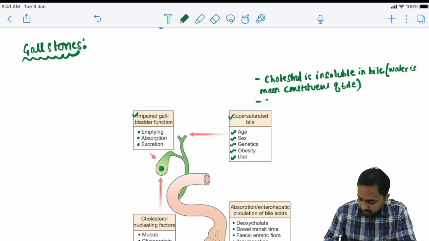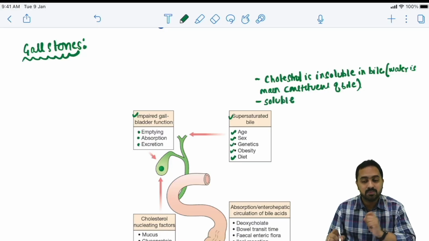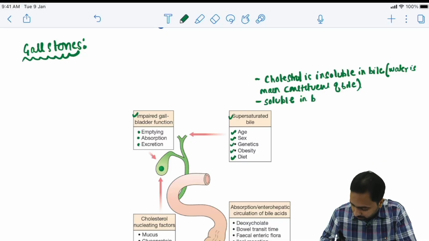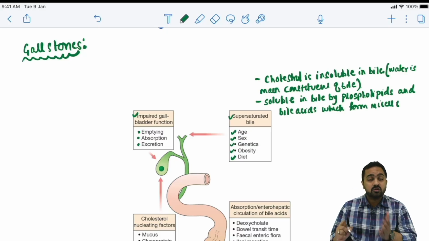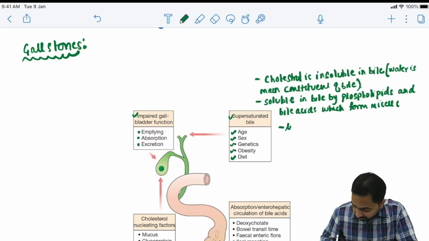Now, cholesterol is made soluble in bile by phospholipids and bile acids, which form micelles. So now what happens is, if the bile becomes a lithogenic bile.